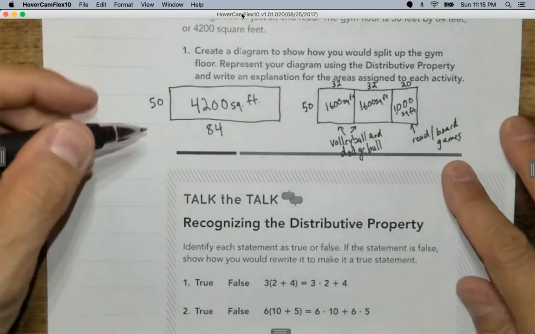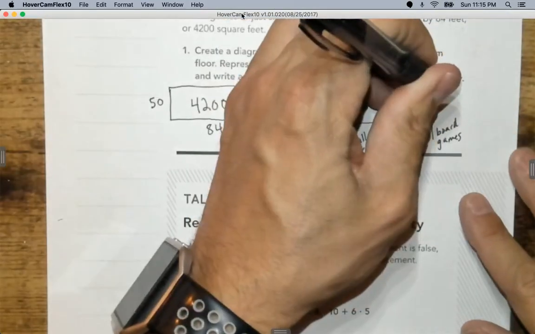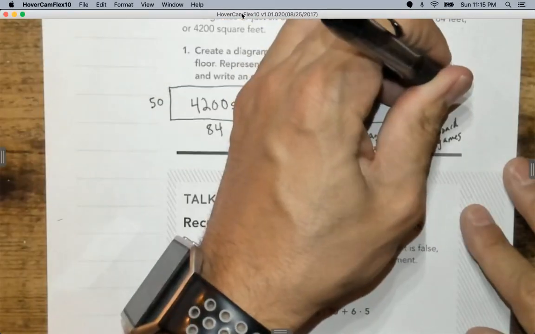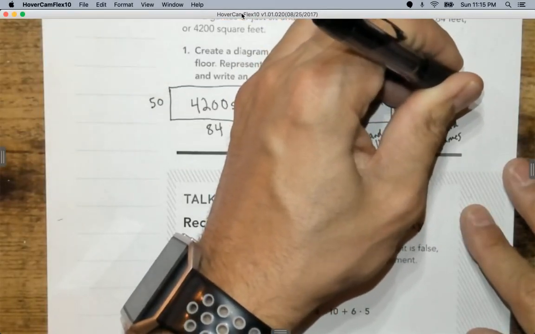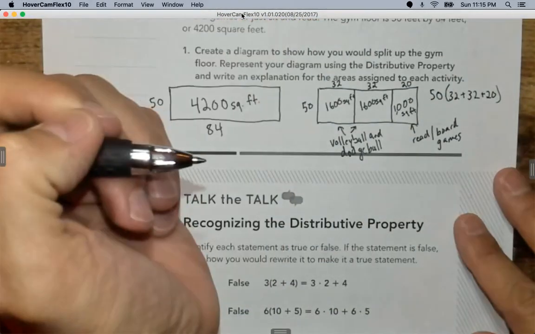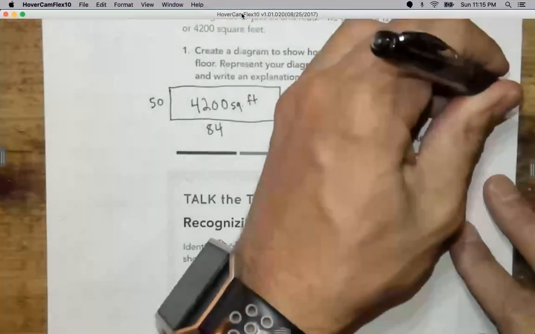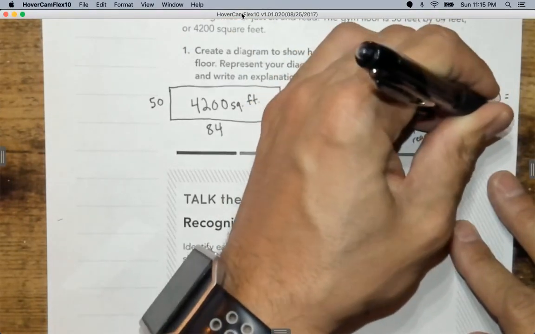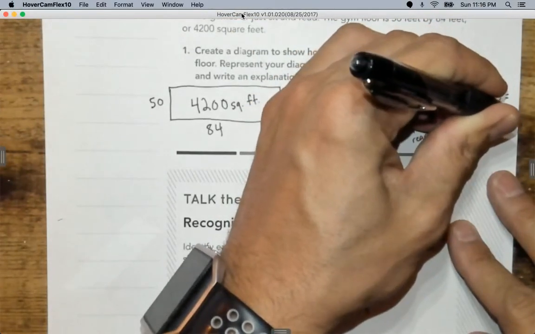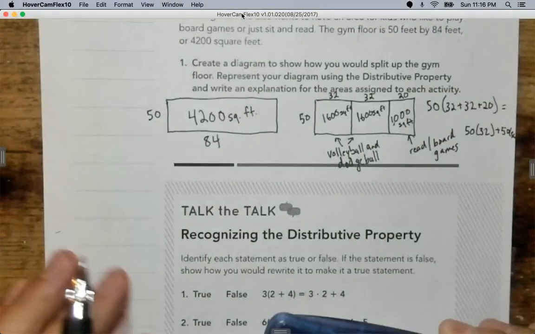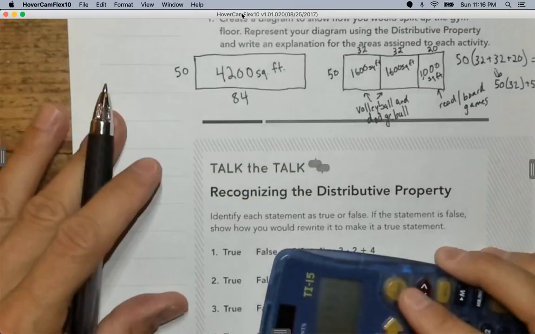The distributive property will look something like this. I would take 50 times the quantity of 32 plus 32 plus 20. And that would be equal to taking 50 times 32 plus 50 times 32. Sometimes you run out of room here, so I'm going to rewrite this whole thing below.